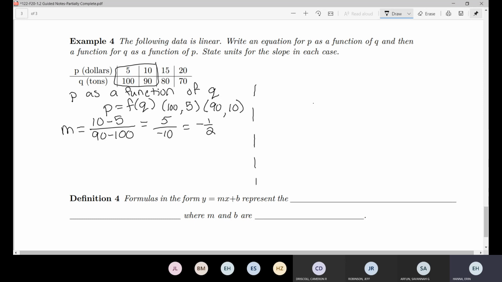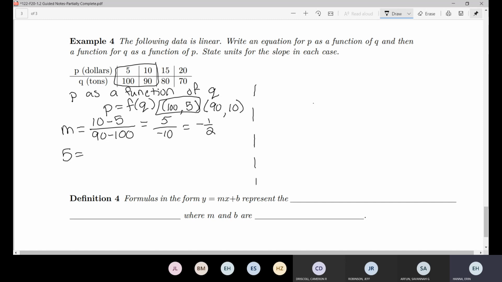So I'm going to choose one of these 2 points that makes me happier. I would choose the (100, 5), but whatever floats your boat. It doesn't matter which point you choose, you're going to come out to the same answer at the end of the day. If you use point slope form, it might look different because you don't do all the algebra to get it down to y equals mx plus b. But if you do the y equals mx plus b way, you'll get the same b value. So I'm going to use (100, 5).